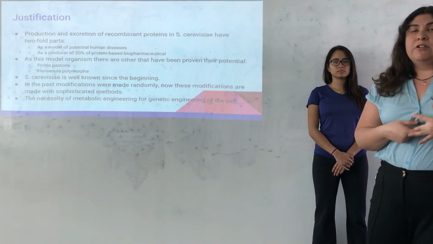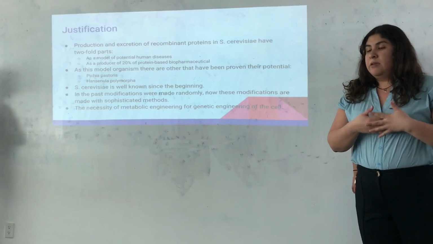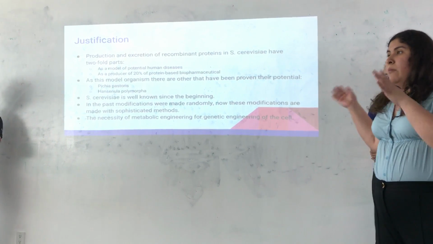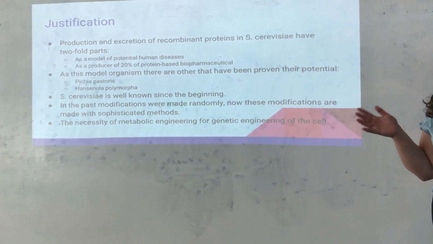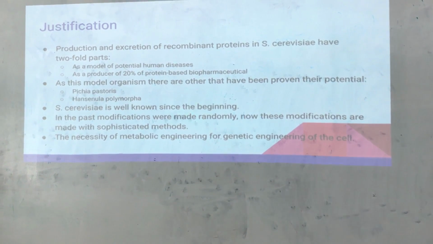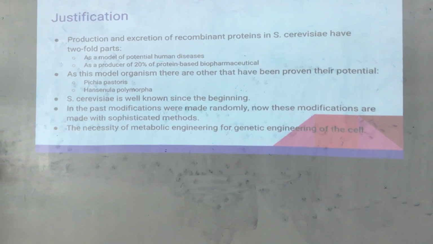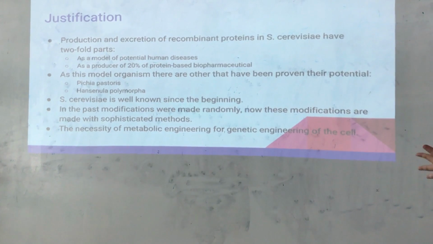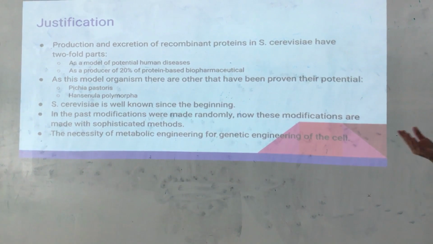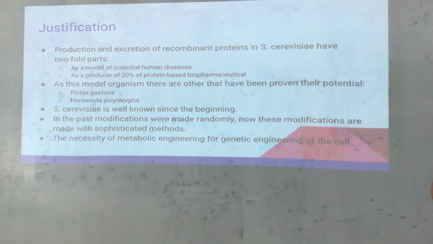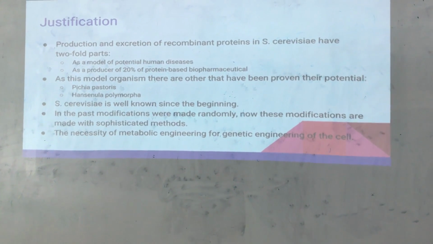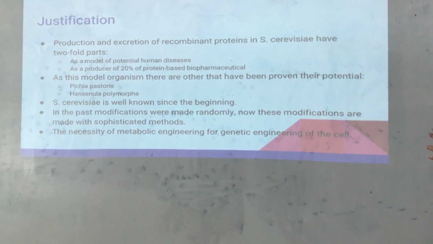There are many other examples of model organisms, but the most important eukaryotes are Pichia pastoris and Hansenula polymorpha. As we are saying, this organism is well known since the beginning, because with it we have another important product.